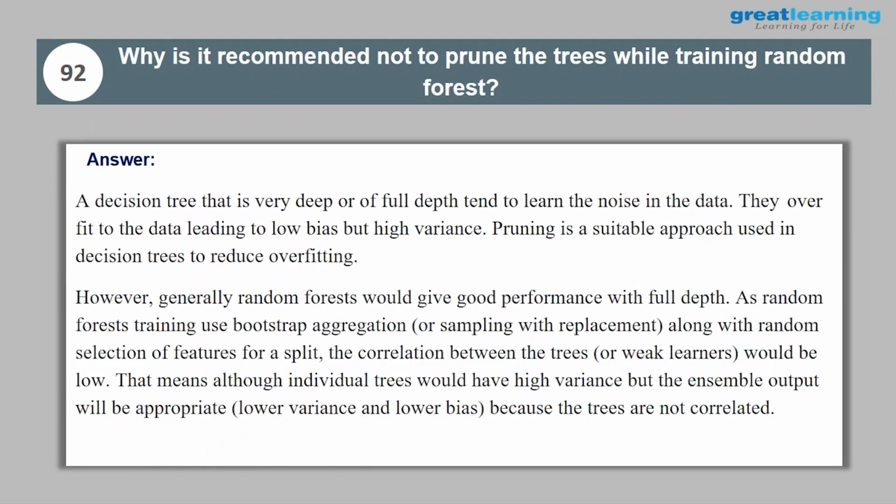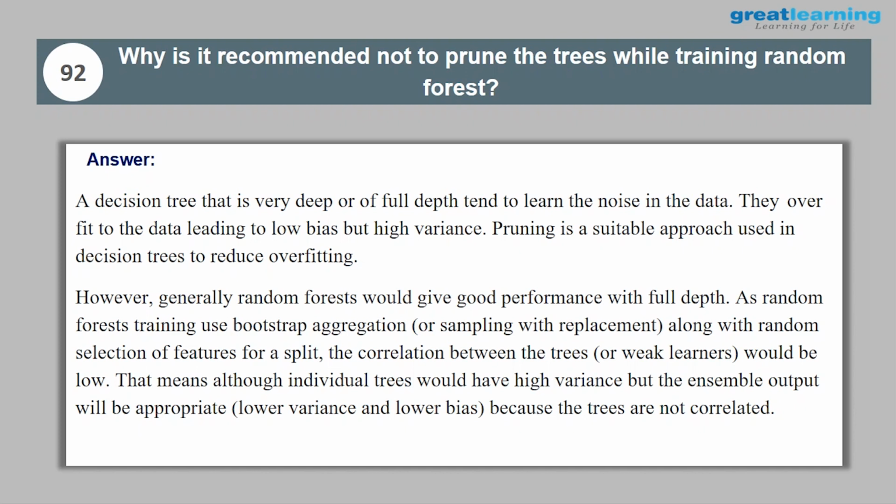Now let's have a look at why it's recommended not to prune the trees while training a random forest. A decision tree that is very deep or full depth tends to learn the noise in the data. They overfit the data, leading to low bias but high variance. Pruning is a suitable approach used in decision trees to reduce overfitting.